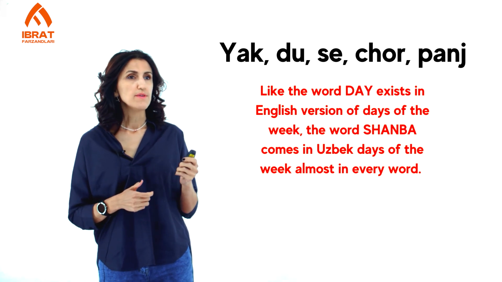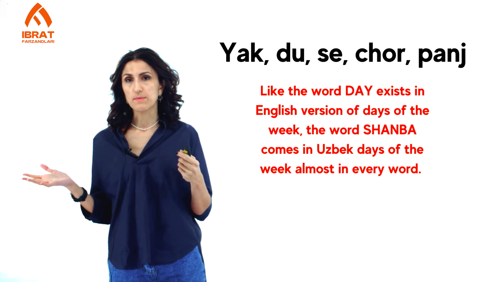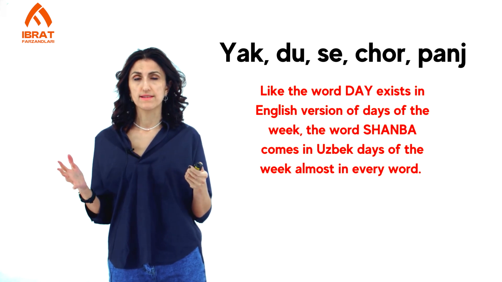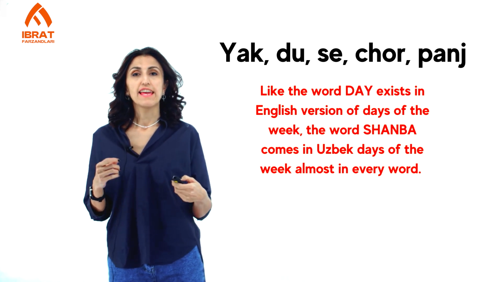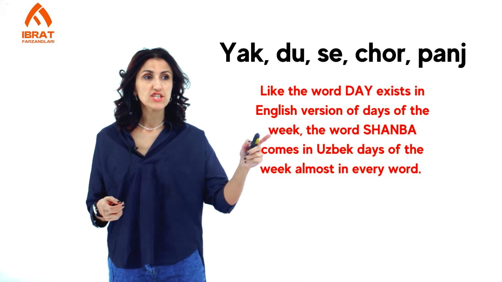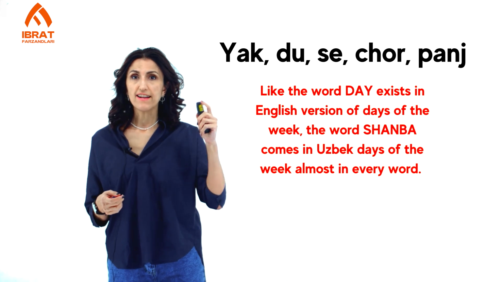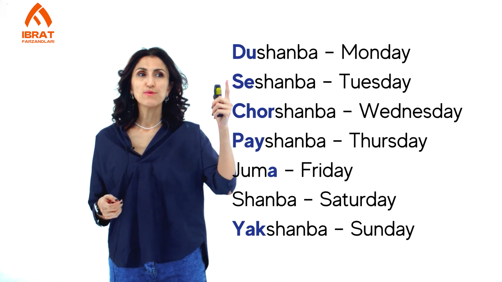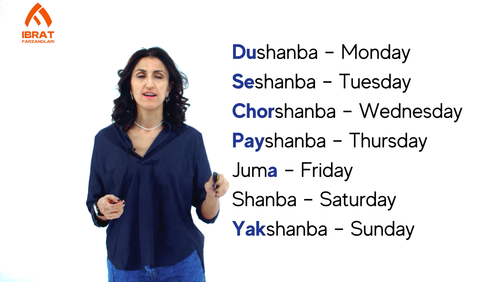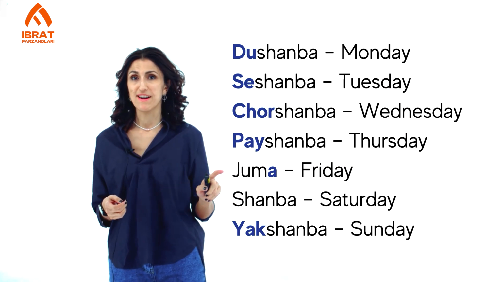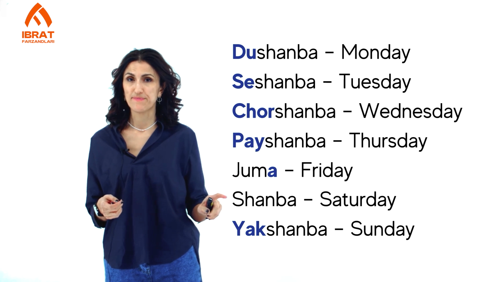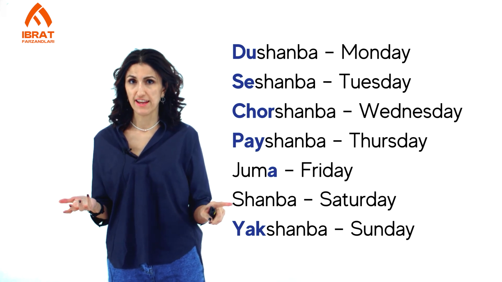In English, when we say days of the week, we always add the word day: Monday, Tuesday. In Uzbek, we add the word shamba. Yakshamba, dushamba, seshamba, chorshamba, payshamba, Cuma, and here's shamba, which is Saturday.